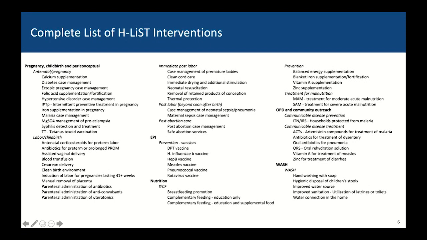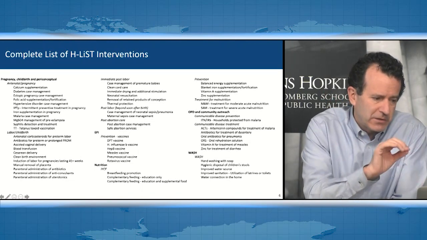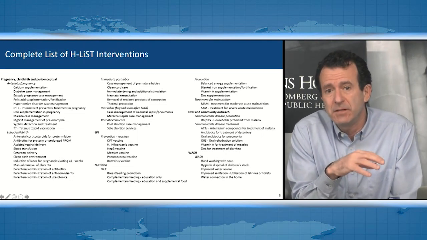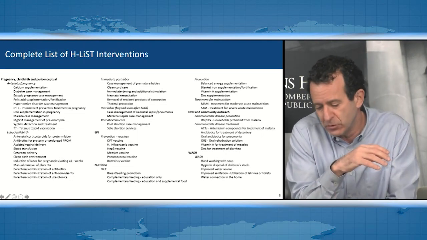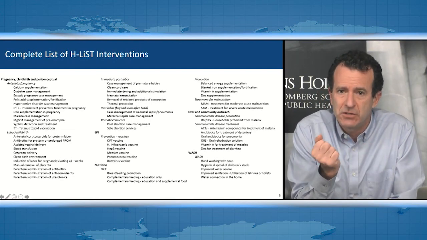For labor and childbirth, the first one we talk about here is antenatal corticosteroids for preterm labor. And with all of these, you move into these areas of, let's say, pregnancy, child, and periconceptual. You look at what data you actually have that is available for your programs, and we certainly do not expect you to have data for all of these 60 interventions.